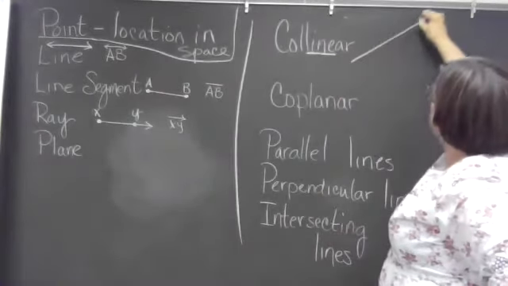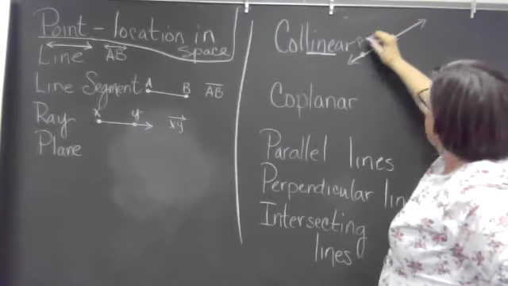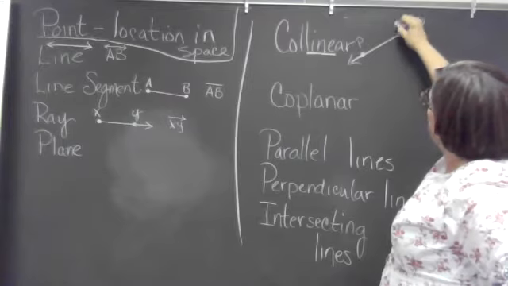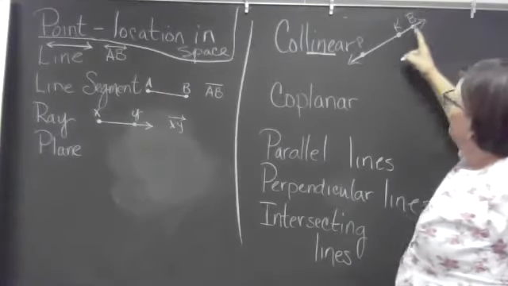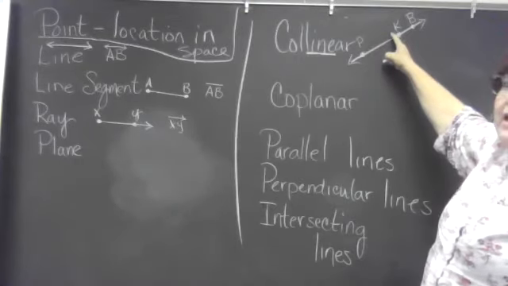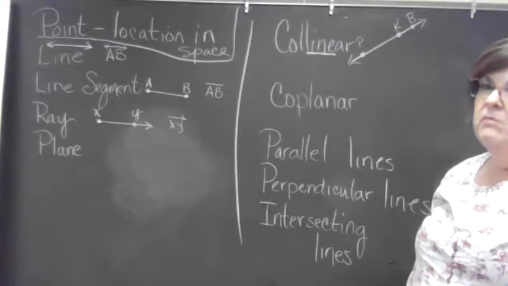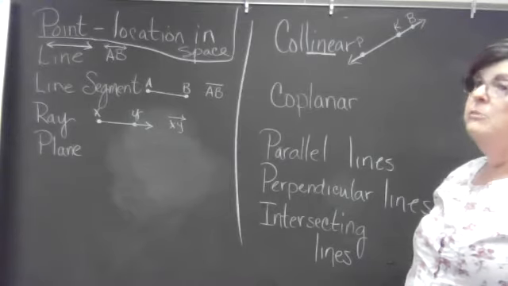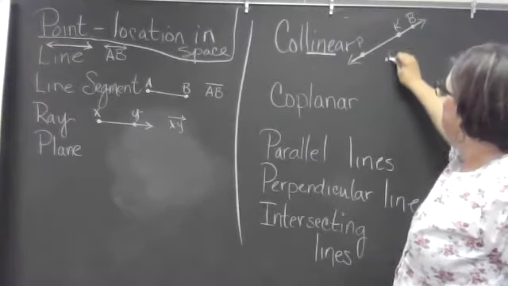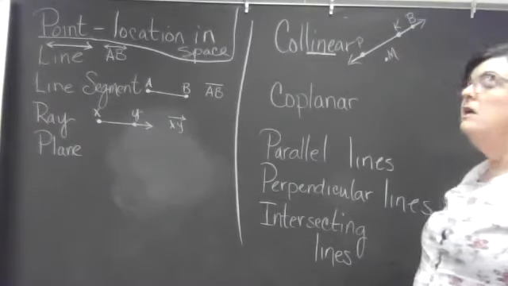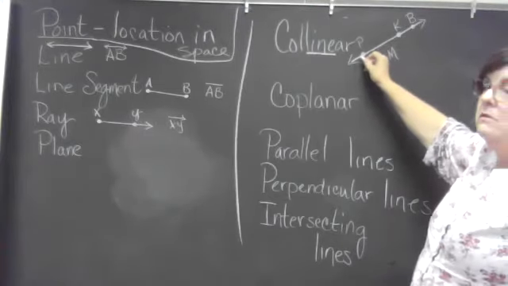So if I have this line, and I have a point P, and a point K, and a point B, point P, point K, and point B are collinear because they're on the same line. That's what collinear means.